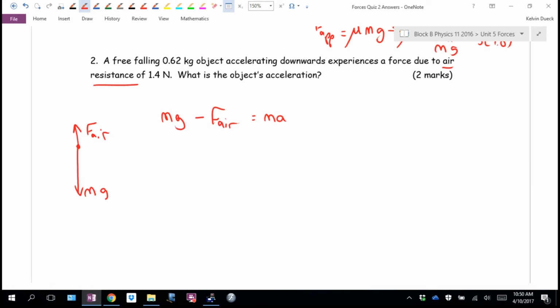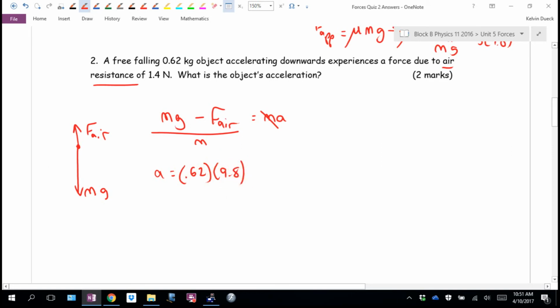What did they want me to find in this question? Oh, how to get the A by itself. Now, I have no problem if on this line you decide to go. You can also rewrite the whole thing, and I'm fine with that too, but you know I tend to abbreviate. So A is going to be M, 0.62. G, 9.8.